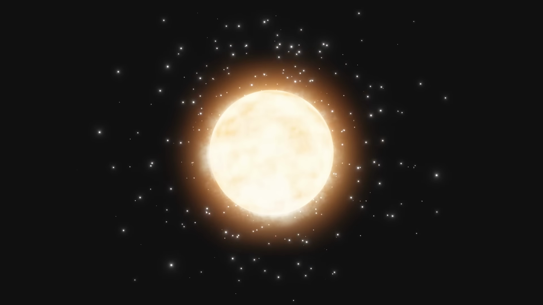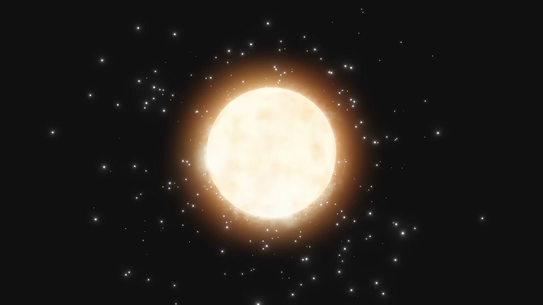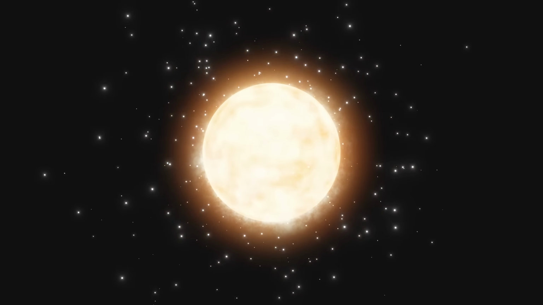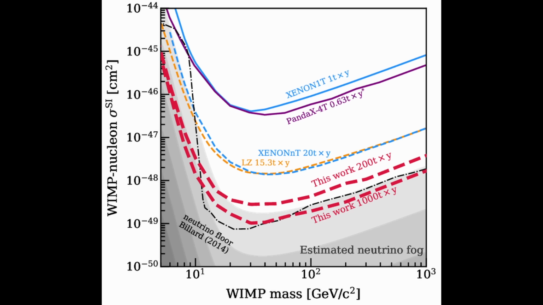These solar neutrino interactions create a background signal that is indistinguishable from the theoretical dark matter signal at very low energies. Once dark matter experiments cross this threshold, the solar neutrino background becomes an irreducible noise. It's going to be extremely difficult to isolate that from the true dark matter signal.